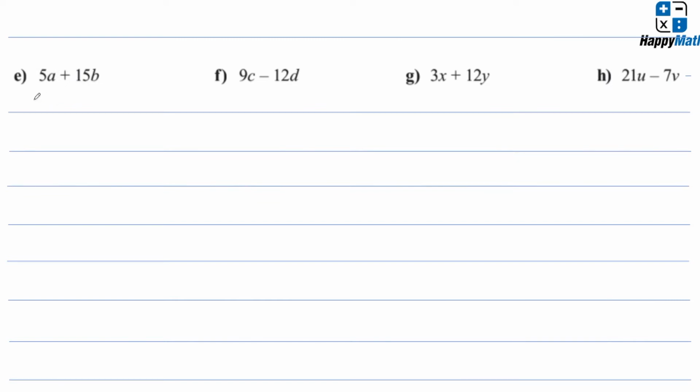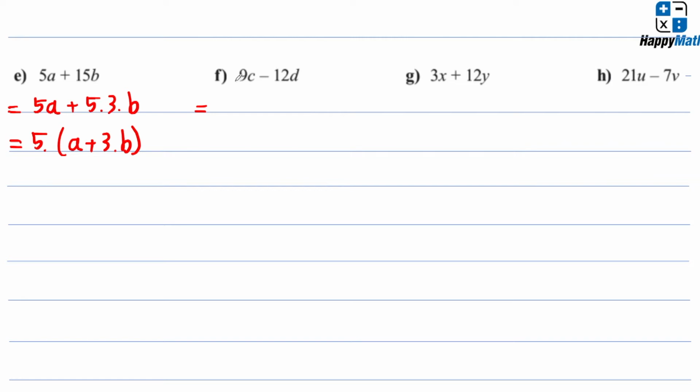Going on to this one, you have 5 multiplied by a, and 15 is 5 multiplied by 3 multiplied by b. Take the 5 outside, so a plus b multiplied by 3, like this. Okay, and the next one, 9 and 12. What is the common factor?